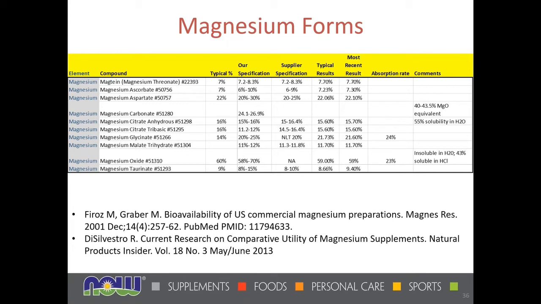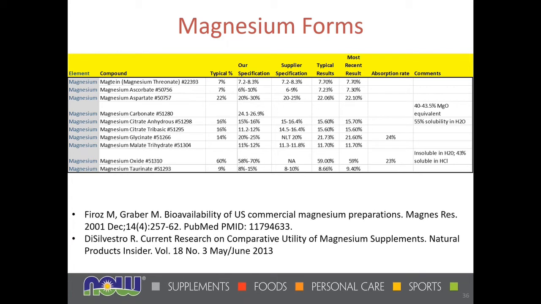On the citrate, you're looking at about 16% elemental magnesium in a compound. And on the glycinate, 14%. You're usually looking in the range of roughly 10 to 20% for most chelated minerals. If you're looking at magnesium oxide, which is a form that's been used for many, many years and is typically extracted from seawater, 60% elemental magnesium.